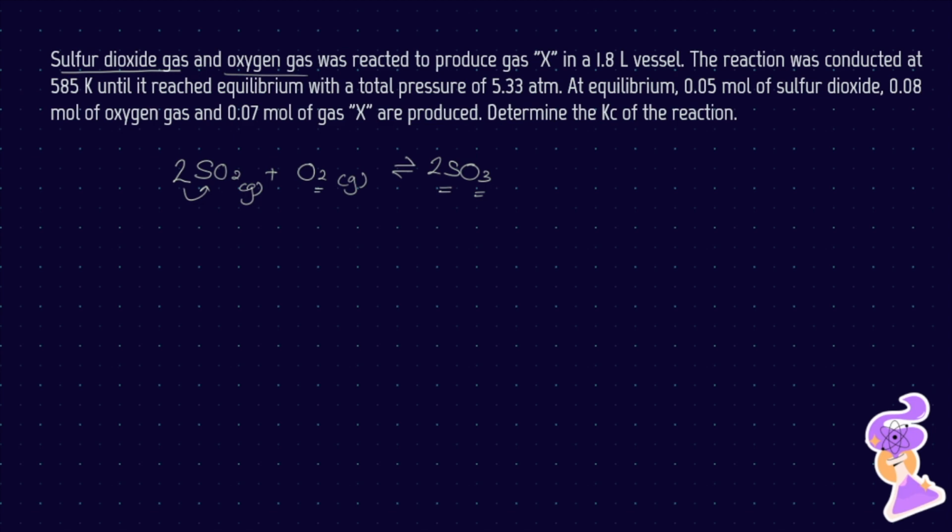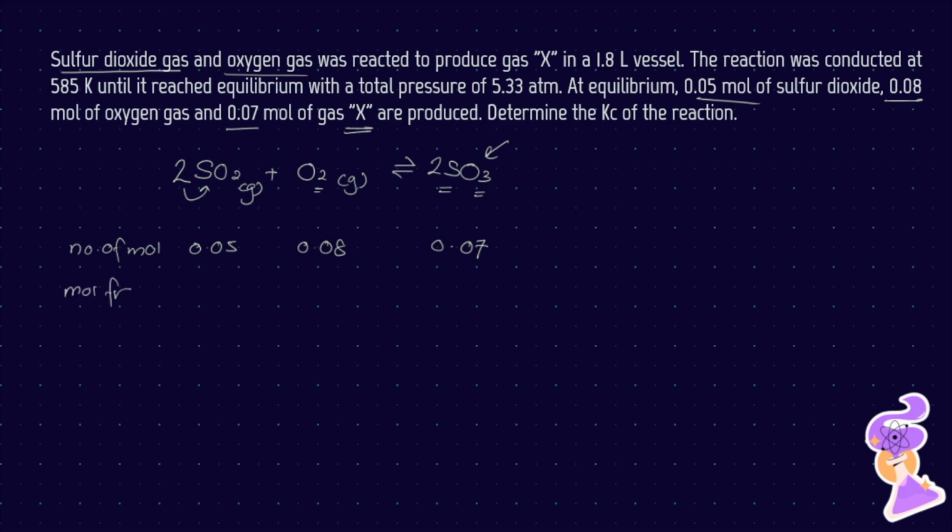So the next thing that you need to do is we are going to write the number of mole. So the number of mole for sulfur dioxide is 0.05, for oxygen is 0.08, and lastly for gas X, which is sulfur trioxide, is 0.07. Then, since we have the number of mole, we need to calculate the mole fraction.